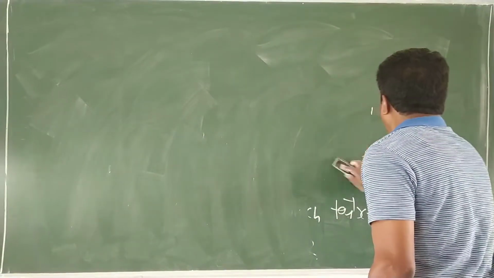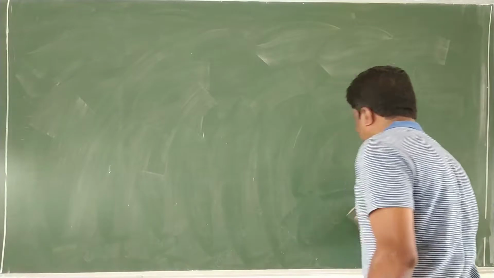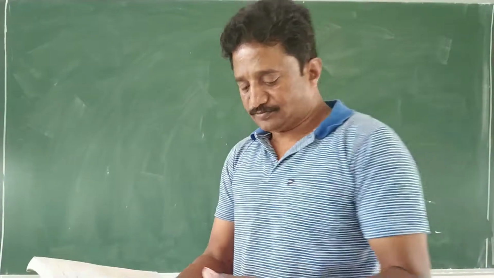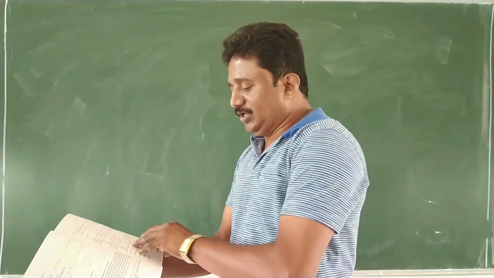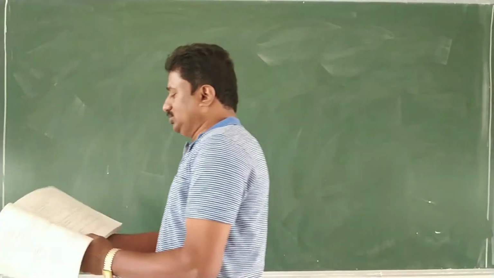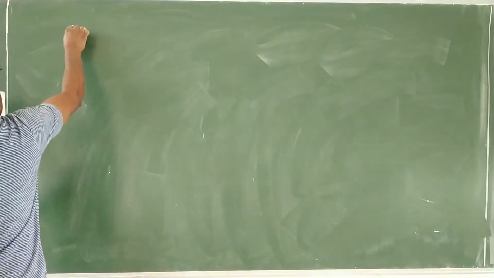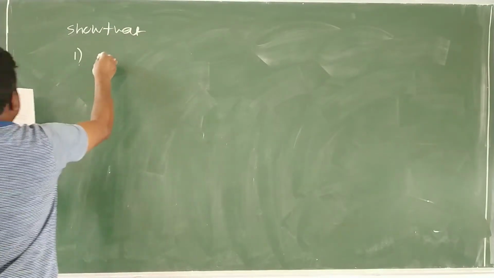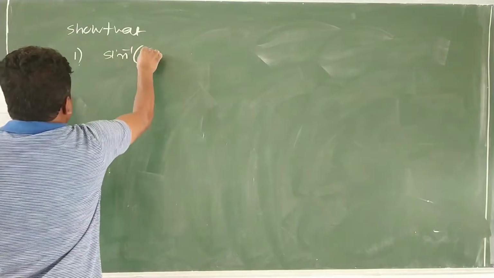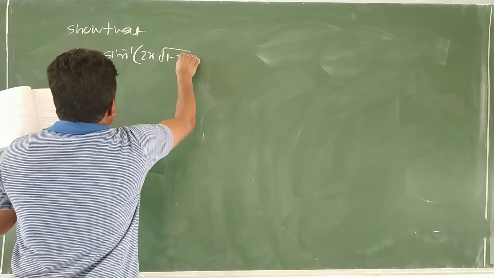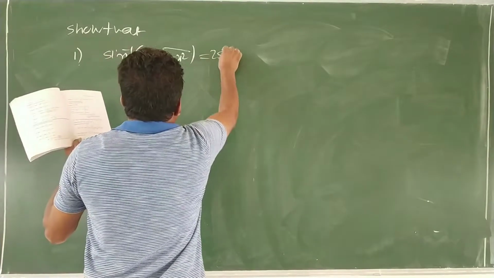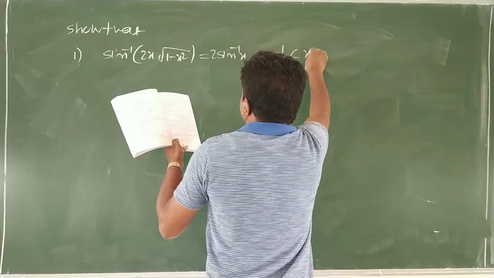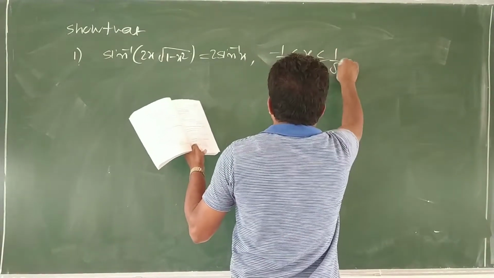First question, show that sine inverse of 2x root 1 minus x square is equal to 2 sine inverse x, for minus 1 by root 2 less than or equal to x less than or equal to 1 by root 2.